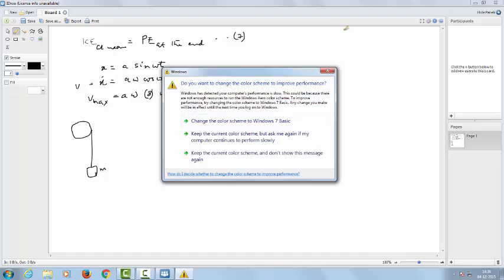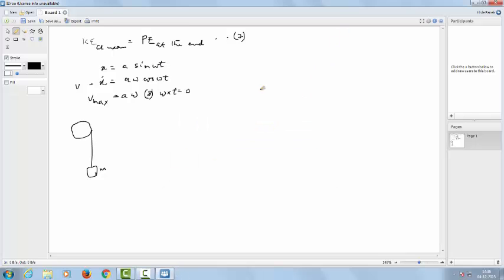The pulley is massless or having a negligible mass, and it is also frictionless. Now for such a system, to find the time period by using equation 1 would be difficult. So we try the second trick.